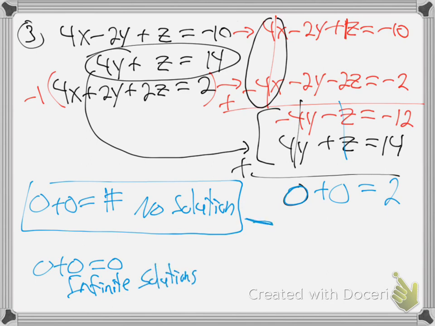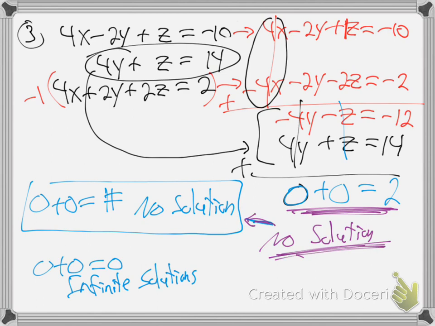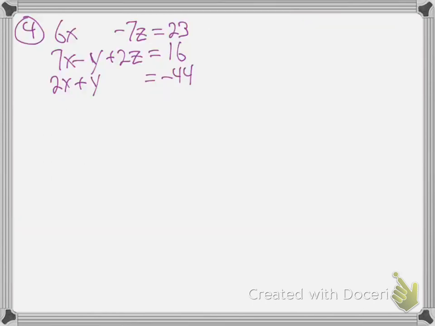But in our case, the answer to our problem is no solution. This is a no solution problem because all the letters dropped out and we got a statement that's not true. So if all the letters drop out and there's no truth, like 0 plus 0 does not equal 2, then it's no solution.